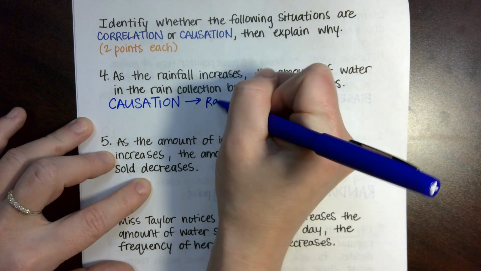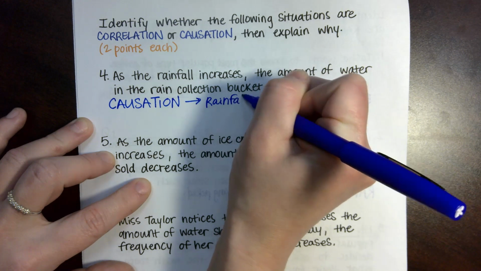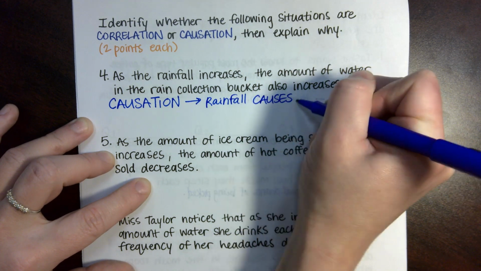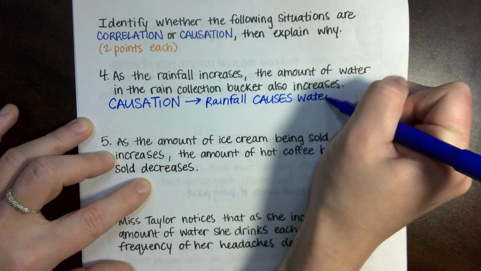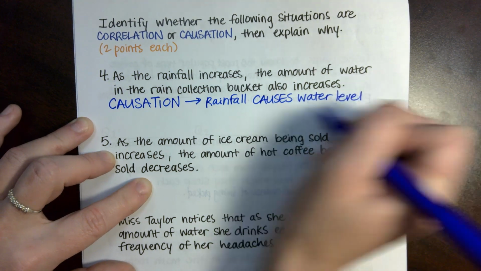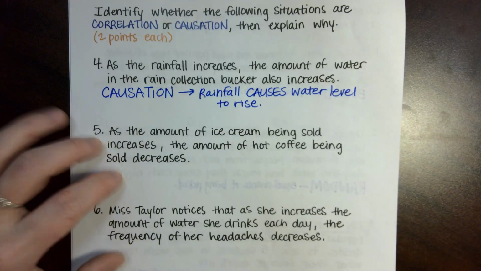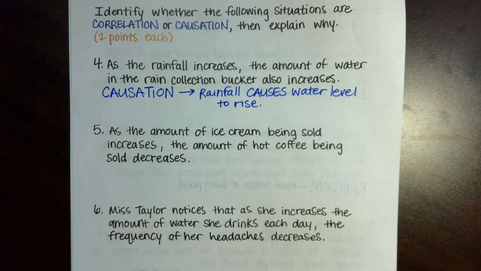Yes, I would say rainfall causes water level to rise. It is a direct cause of that change. If the rainfall were to stop, that water is not going to keep getting higher. It doesn't work that way.